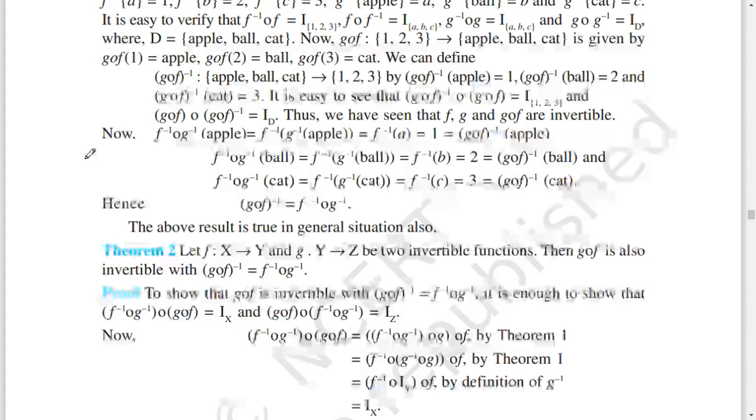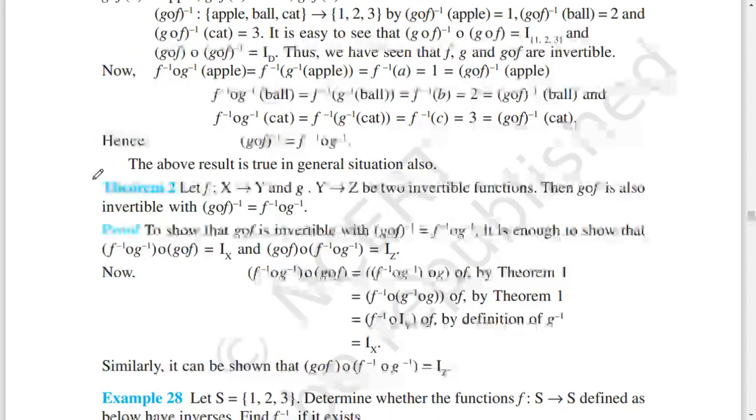And f inverse of g inverse of cat equals f inverse of c, which equals 3, which equals gof inverse of cat. Hence, gof inverse equals f inverse o g inverse.